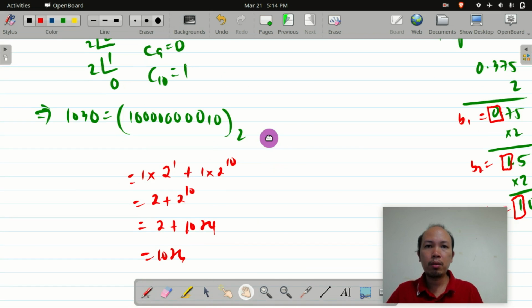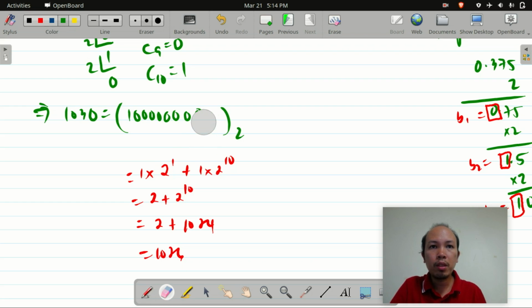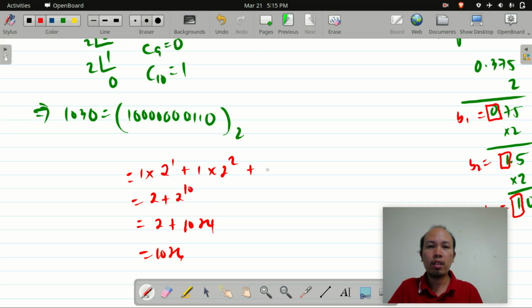So we have to replace this one, this should be 110, and we have to include somewhere here plus 1 times 2 squared plus 1 times 2 to the 10.